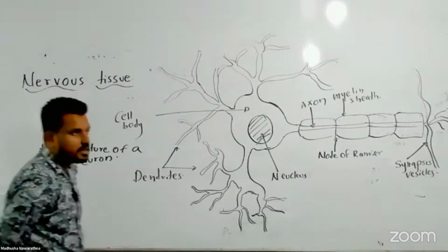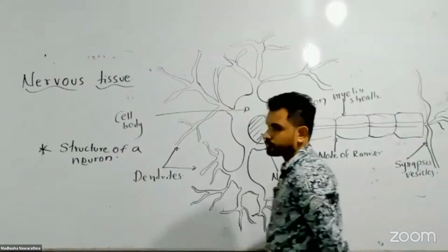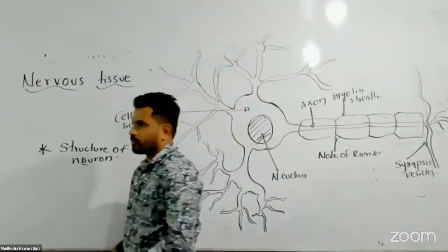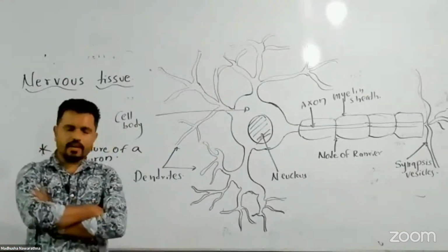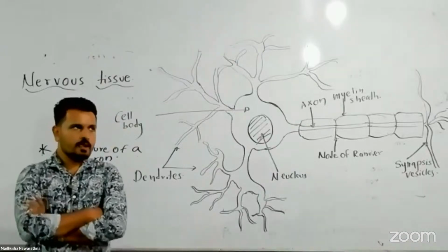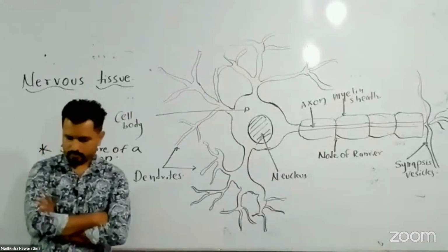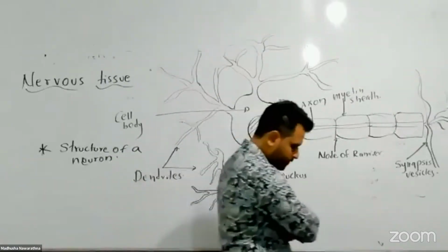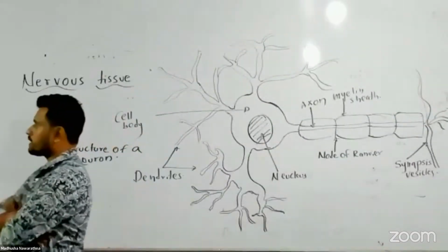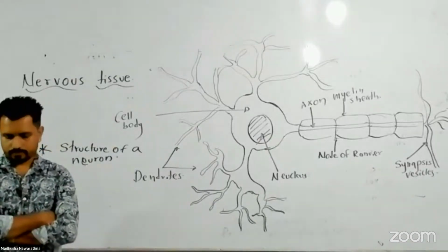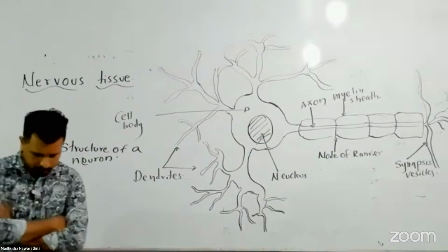We'll write: nerve tissue is a very important component of the nervous system. Full stop.